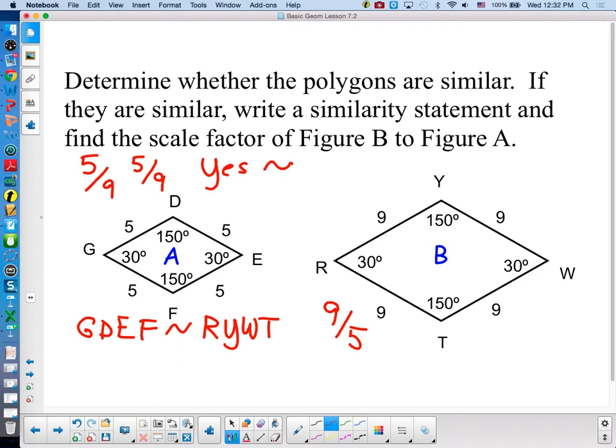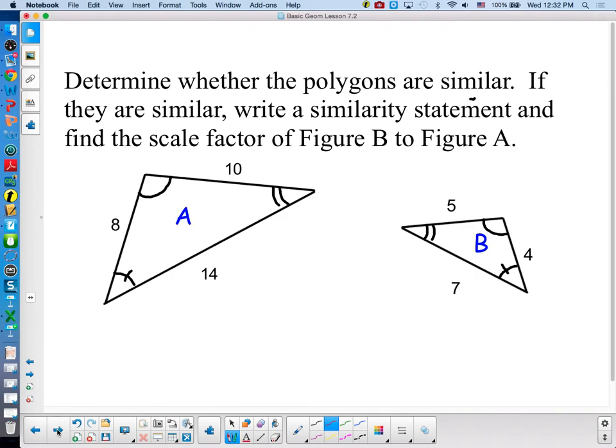Okay. So you do this one, grab your marker board. No name on it, Ben.